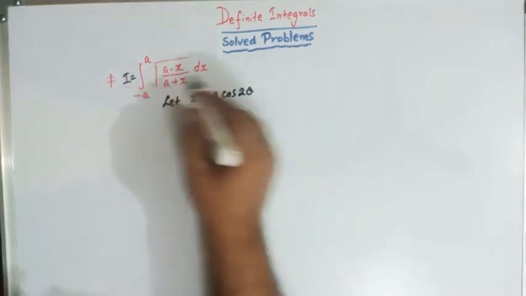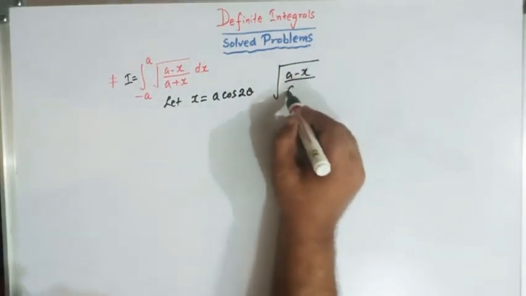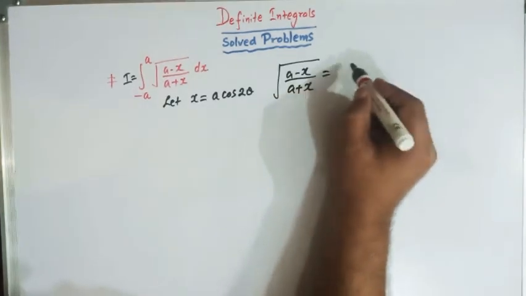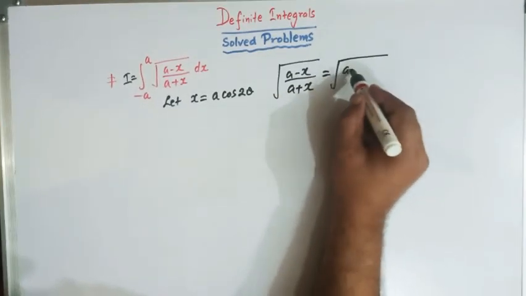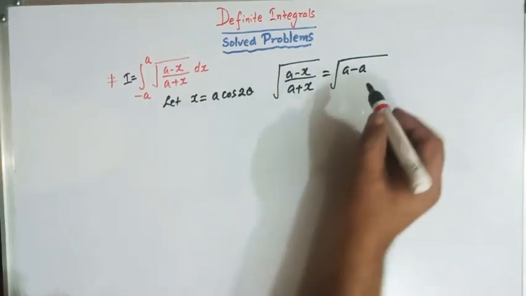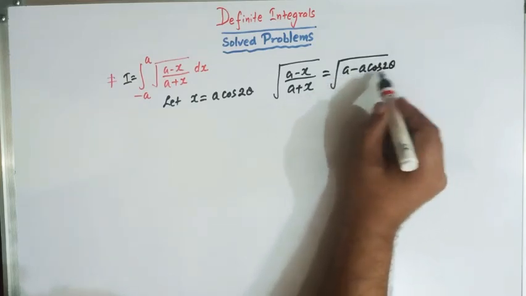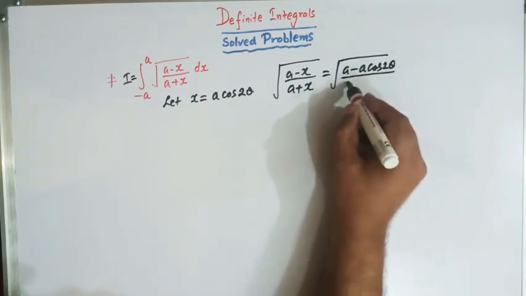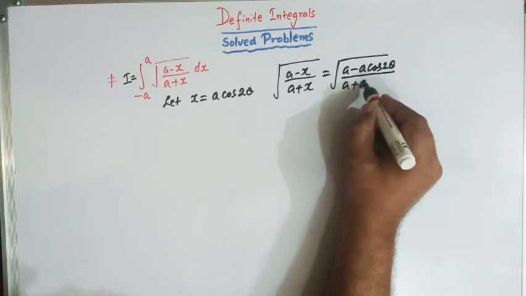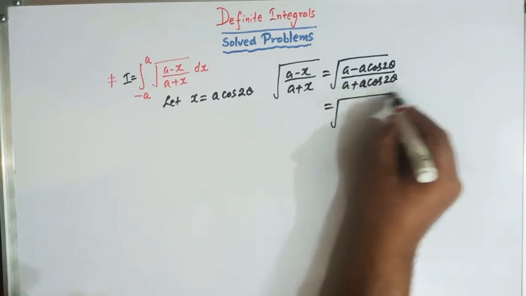So this expression, square root of (a − x)/(a + x), becomes, for x substituting a cos 2θ, (a − a cos 2θ)/(a + a cos 2θ).